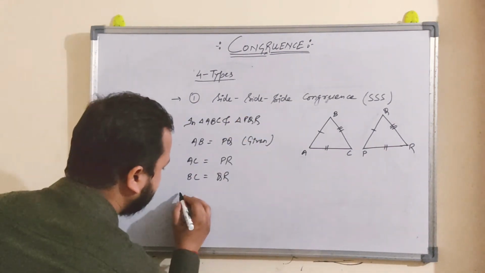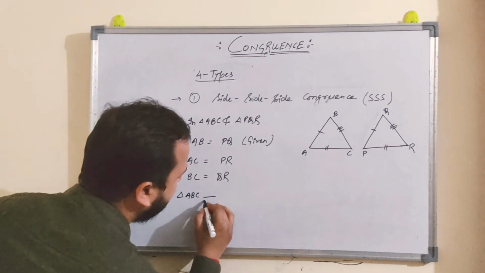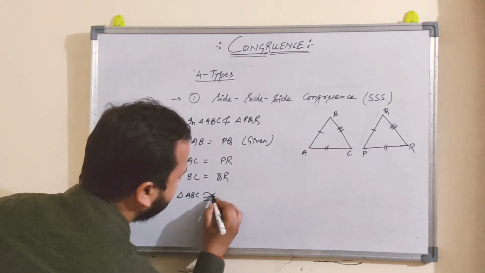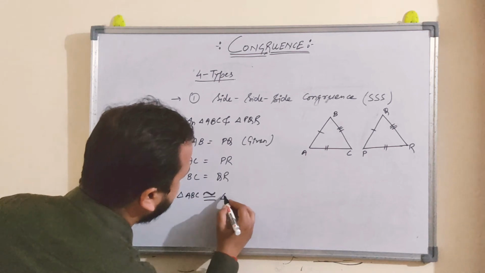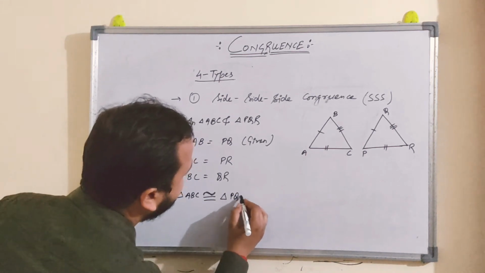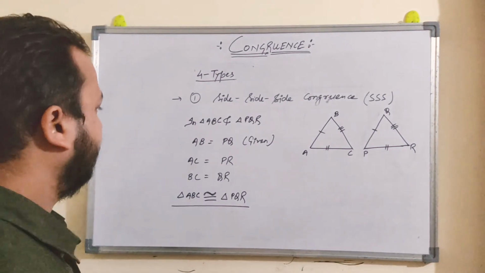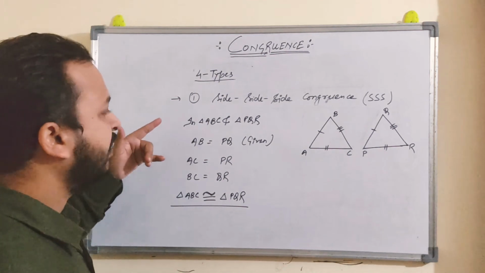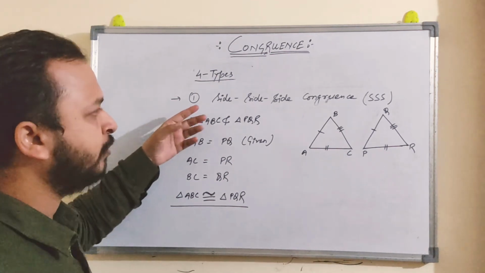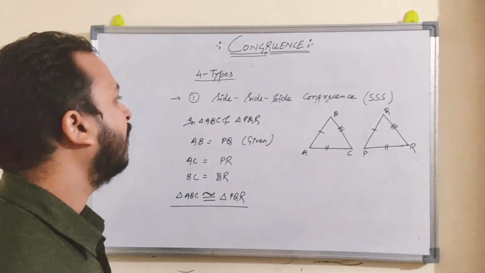So you can say that triangle ABC is congruent, this is the sign of congruency, to triangle PQR. This is the way you have to prove that these two given triangles are congruent.